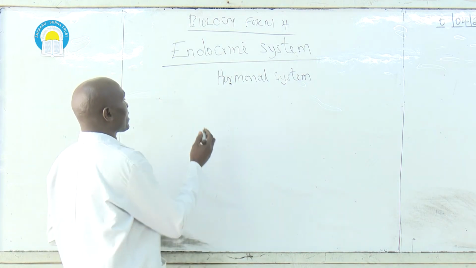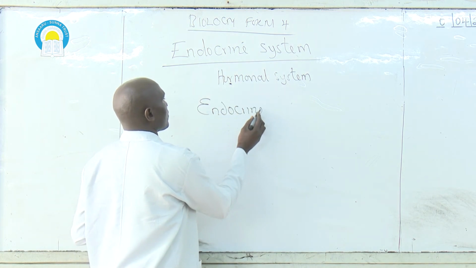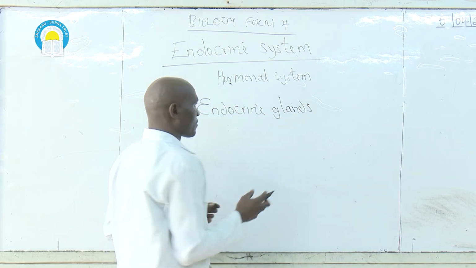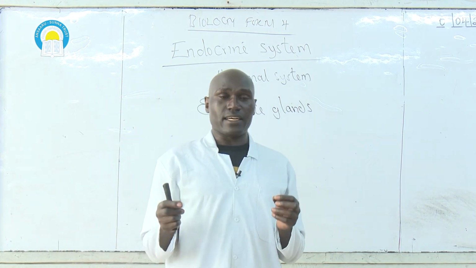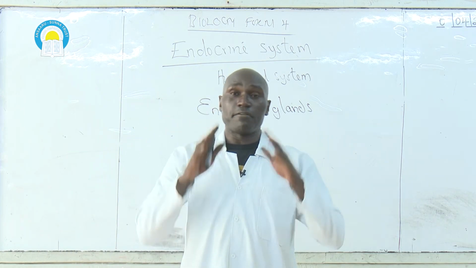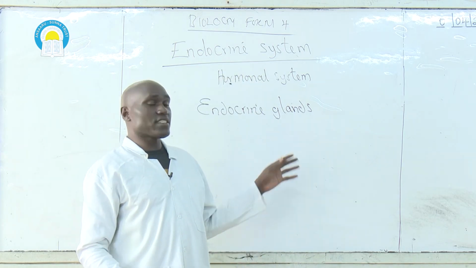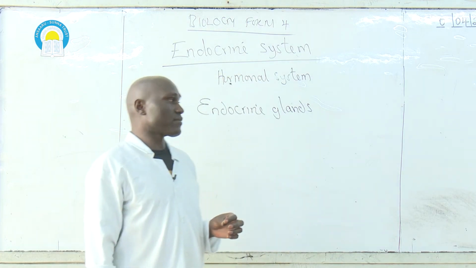Then what are endocrine glands? Endocrine glands are ductless glands that are found in various parts of the bodies of human beings. These glands produce and secrete hormones.